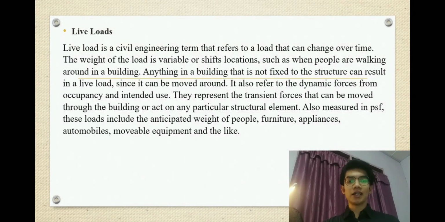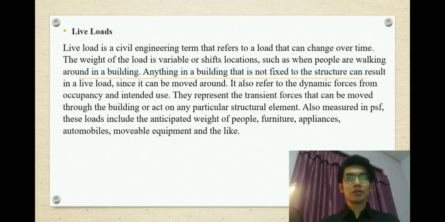Next, number 3 is live load. Live load is a civil engineering term that refers to the load that can change over time. The weight of the load is variable or shifts location, such as when people are walking around in the building. Anything in a building that is not fixed to the structure can result in a live load.